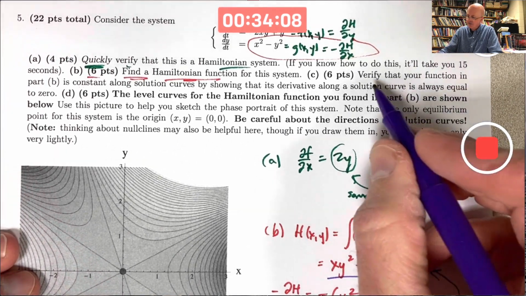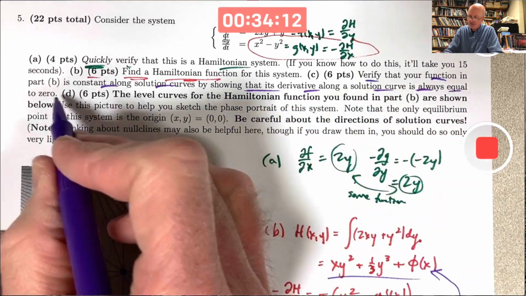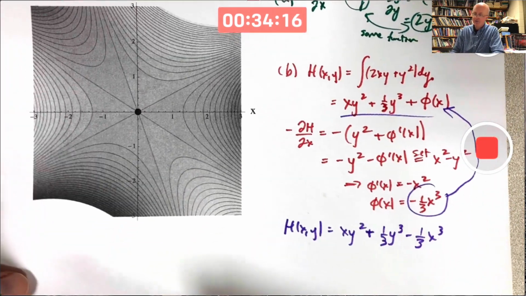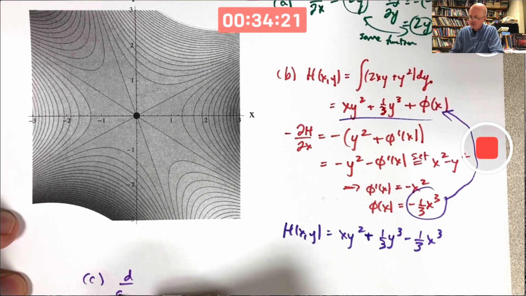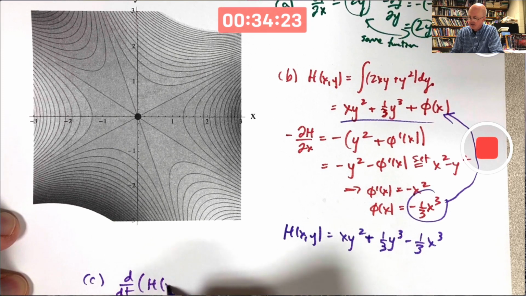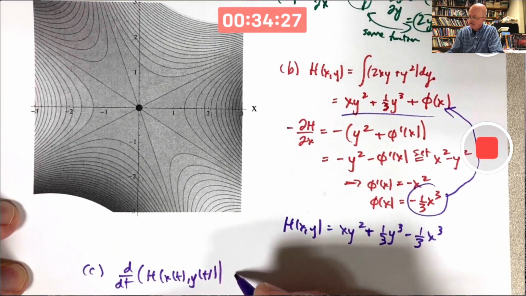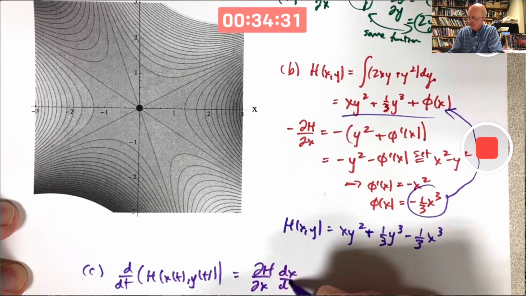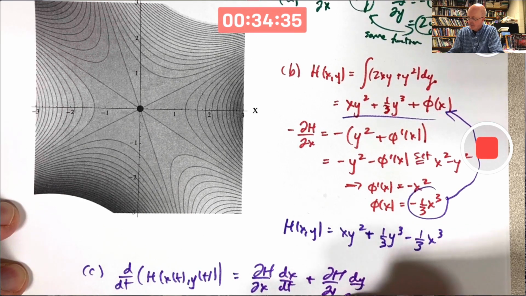Part C, verify your solution function is constant along solution curves by showing its derivative along the solution curve is always equal to 0. This is very much like the gradient problem. And in fact, once again, we can do it in the general setting. The derivative of h along the solution curve, we don't need the formula for the solution curve here. I need the chain rule, which is the partial of h with respect to x times dx/dt plus the partial of h with respect to y times dy/dt.